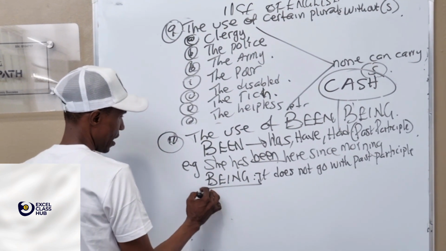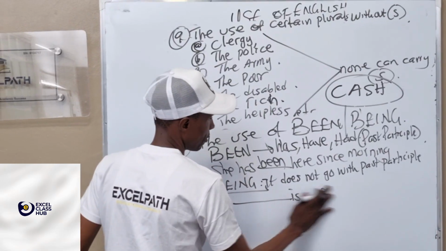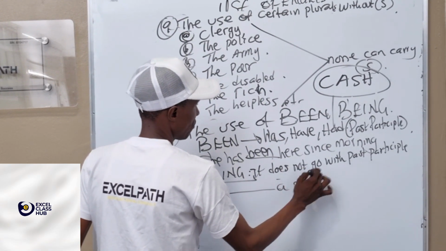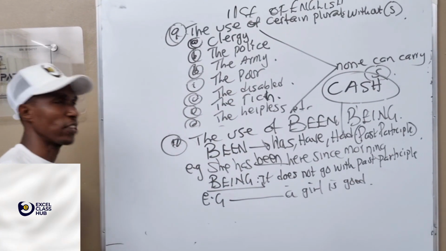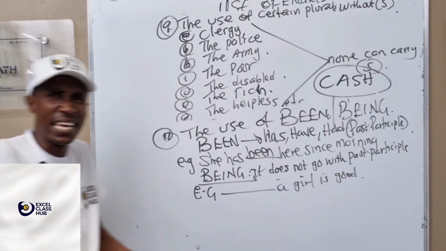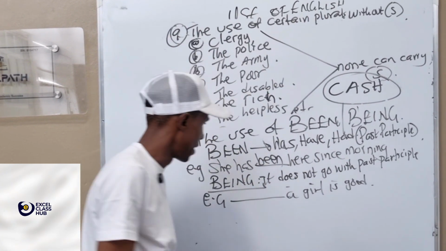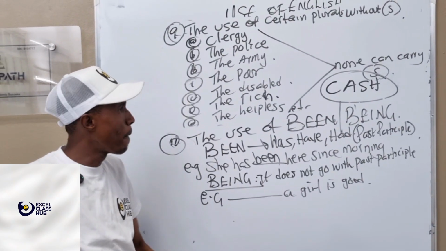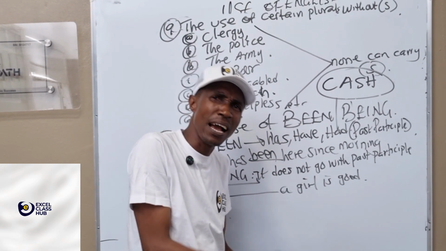Look up. Example now. Dash a girl is good. They say you have to put what? Being a girl is good. Now, you are asked, is it BEEN or B-E-I-N-G that you are going to use in that question.